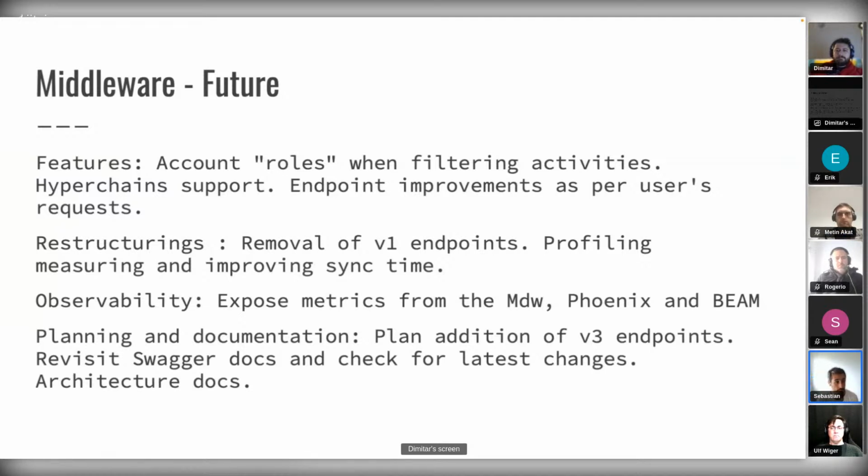And related to that, we also want to be able to expose that information to the outside world. And we're doing that. We started working on exposing different metrics. We're using telemetry with a couple of other Elixir libraries to do that.